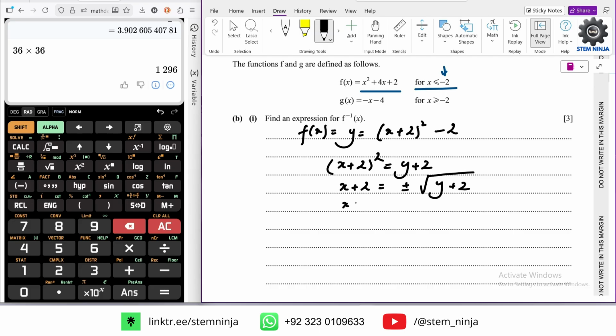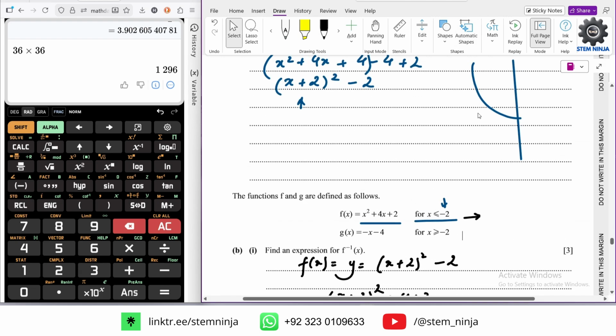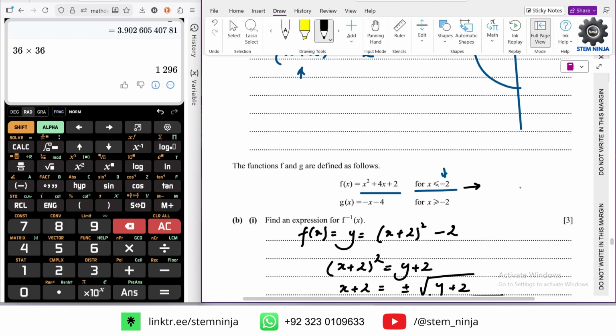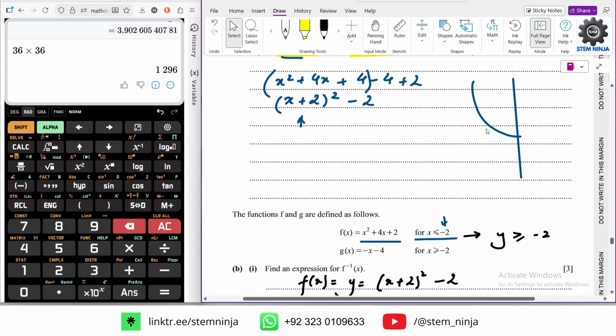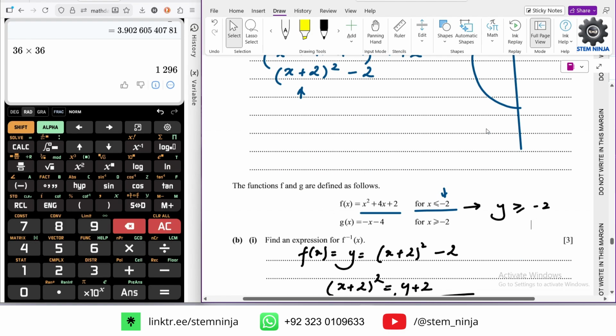And then x is equal to minus 2 plus minus square root of y plus 2, right? But we can't have it both ways, right? In the original function, the range is greater than minus 2.